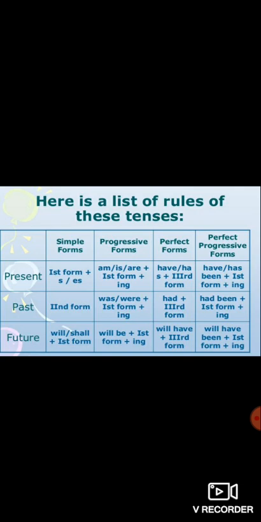Here also in all the perfect progressive we use only one form of verb, that is first form plus ing. So it means in both the progressive tenses we are using first form with the ing, only the helping verb will change according to the tense.